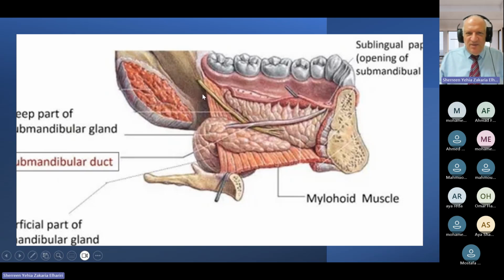Okay, by the way, the lingual nerve has a triple relation. If you have a stone, you need to remove it from the submandibular gland duct, so you give local anesthesia to the lingual nerve.